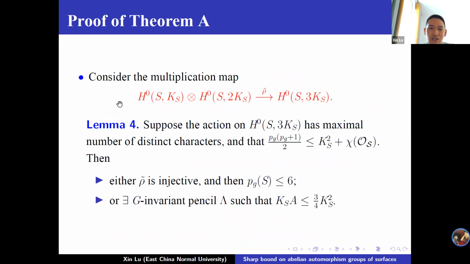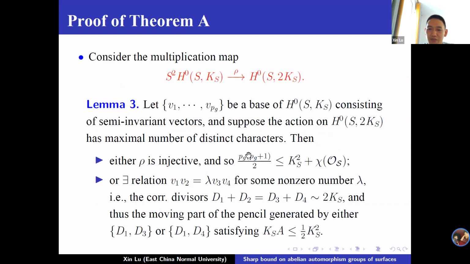And also, if PG is small but larger than 6, we can consider the second multiplication map, and we will get what we need. Either this rho theta is injective, so the dimension of this space is less than the dimension of this space, and we will get an upper bound on PG, a similar inequality as this.